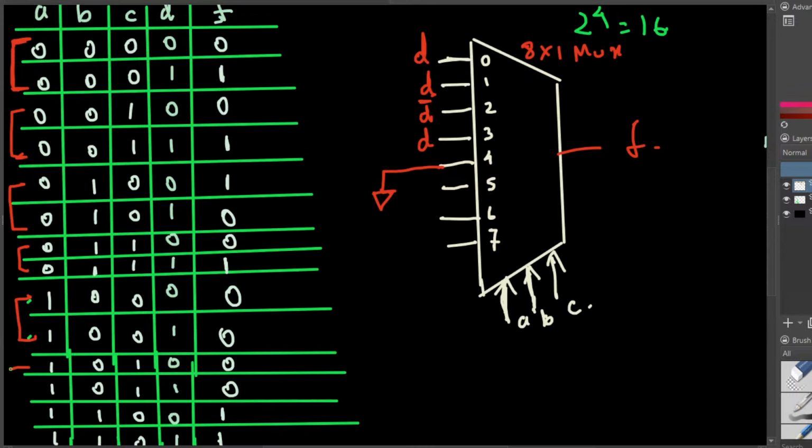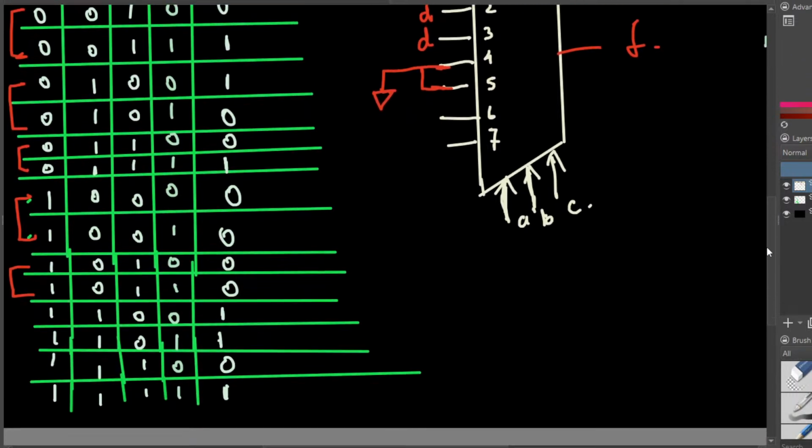And let's compare these two, 1, 0, 1. When D is 0, the function is 0, and when D is 1, the function is still 0. So here also, regardless of D, the value is 0, so you connect this one also to the ground.